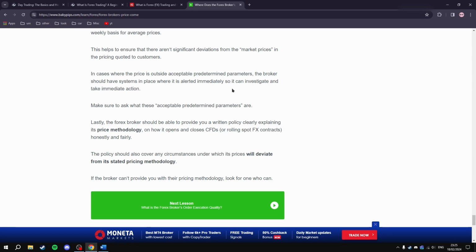In cases where the price is outside acceptable predetermined parameters, the broker should have systems in place where it is alerted immediately so it can investigate and take immediate action.